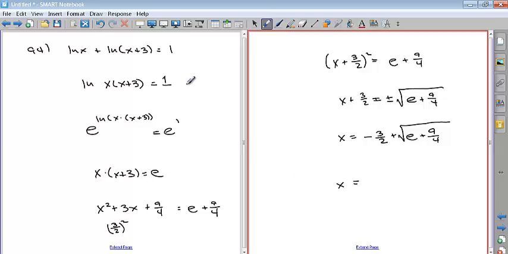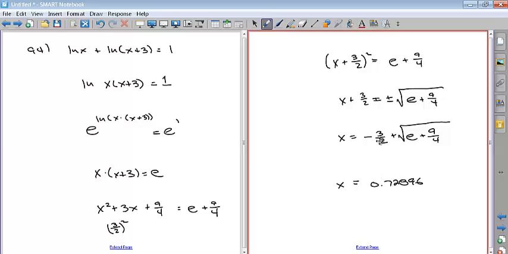Okay, so we have negative 1.5 plus the square root of e, which is e to the first power, plus 9 divided by 4. And I get 0.72896.